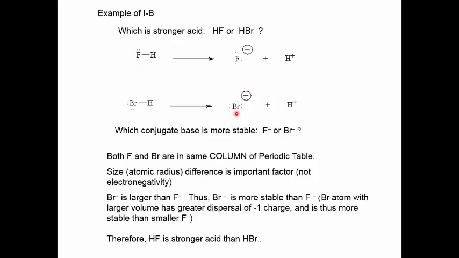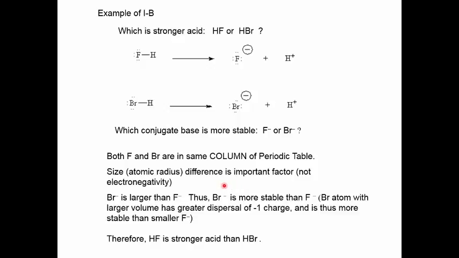It has the same charge, but because the bromine atom is larger, the -1 charge is dispersed over a larger volume in the bromide ion than it is in the smaller fluoride ion. The greater the dispersal of charge, the more spread out the charge is, the more stable the species.